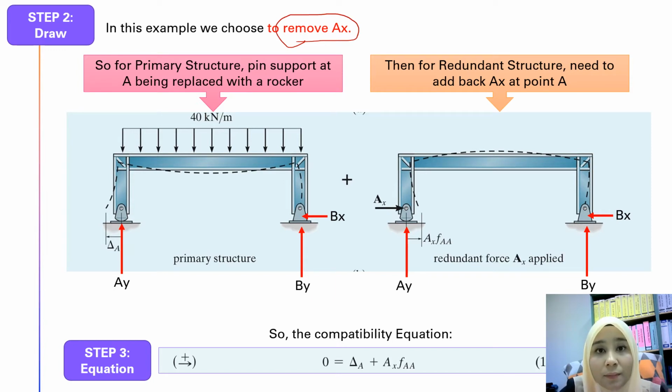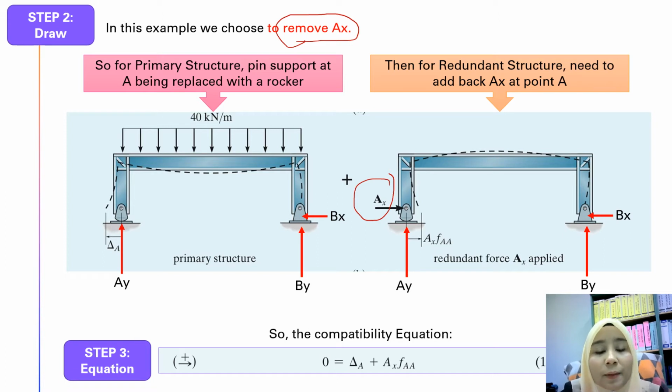At B, we remain the pin, BX and BY. The 40 kilonewton is still there. Then for the redundant structure, remove the 40 kilonewton. Once you remove AX, you need to add back AX here. See, the frame will bend like this.